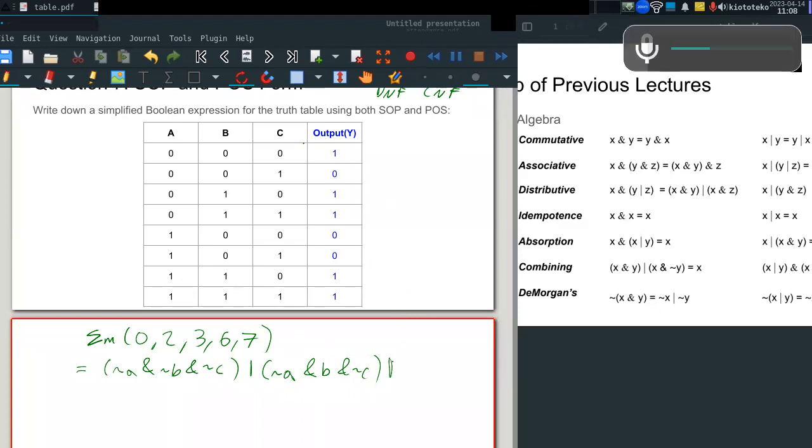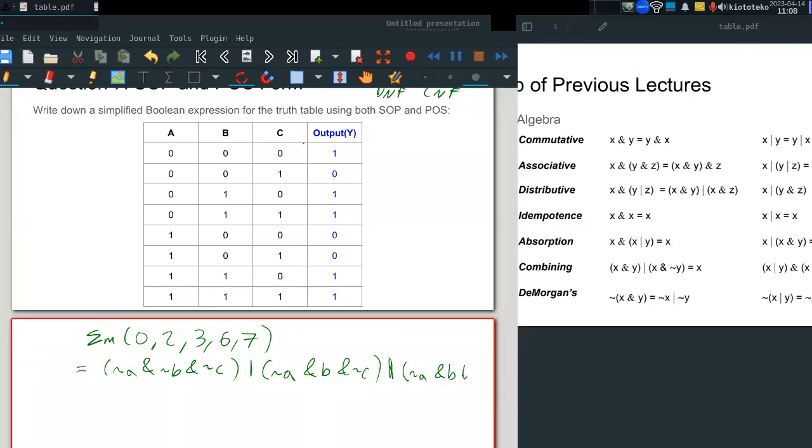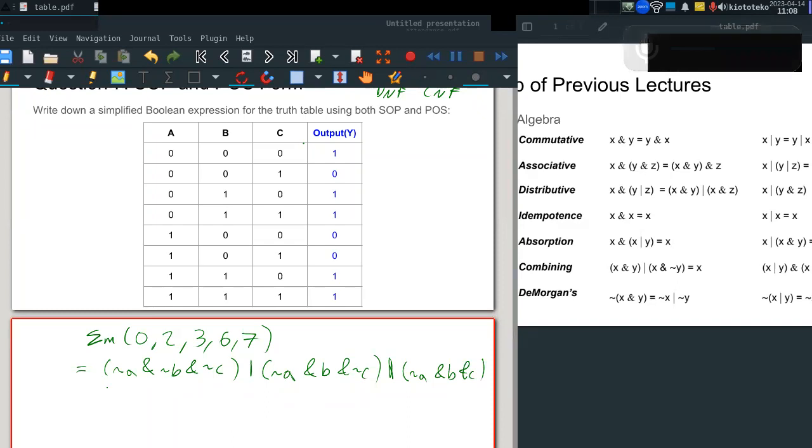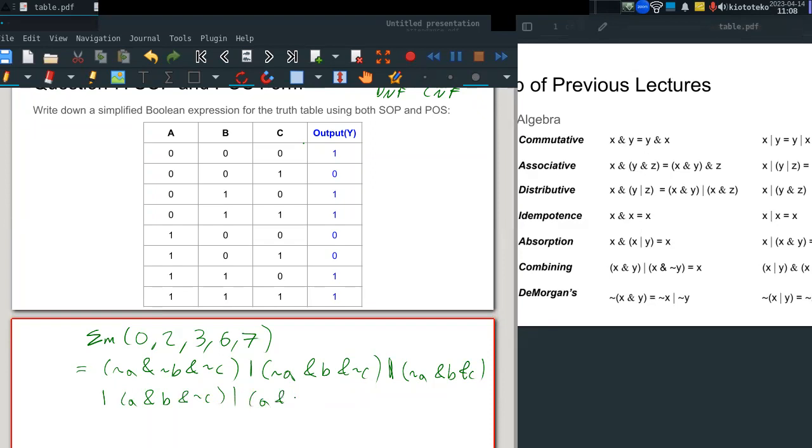The other one is not A, B, and C. Then we have the other two, which are A and B and not C, or A and B and C. So this is the disjunctive normal form, the sum of products where all literals are in parentheses, and all these terms between parentheses are separated by ors.